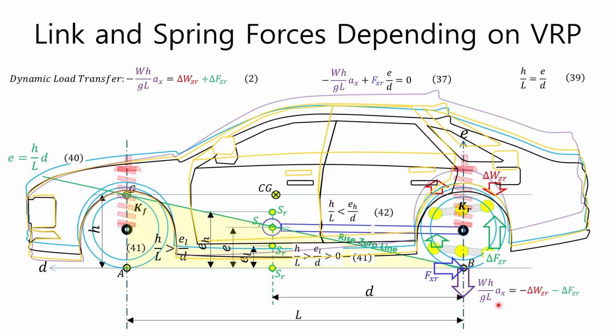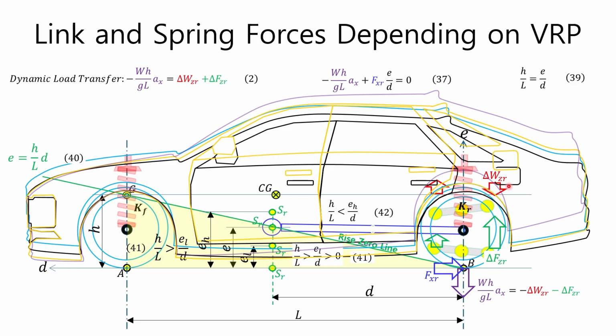In this case, since the total vertical dynamic load of the vehicle is constant, the direction of the spring force, delta WZR, is reversed, and as the virtual reaction point rises, the force tensile the link increases, and the force compressing the spring increases.